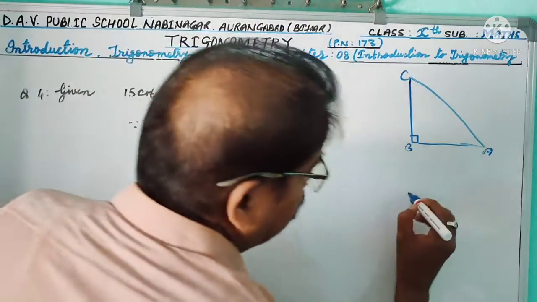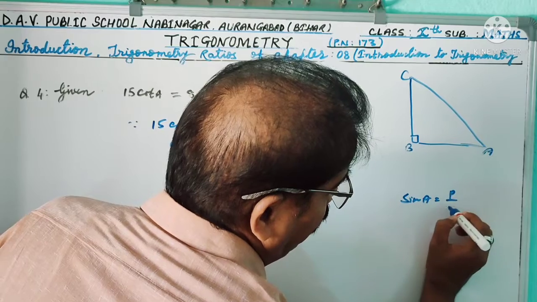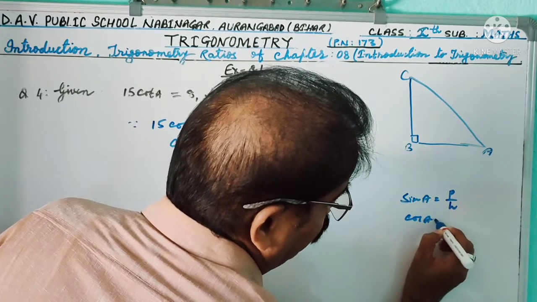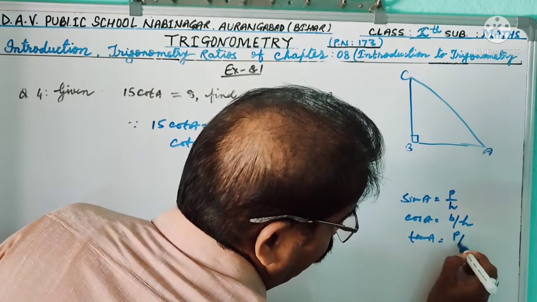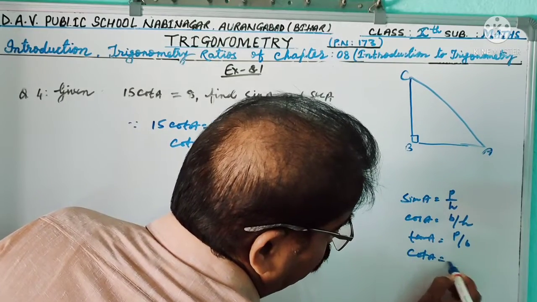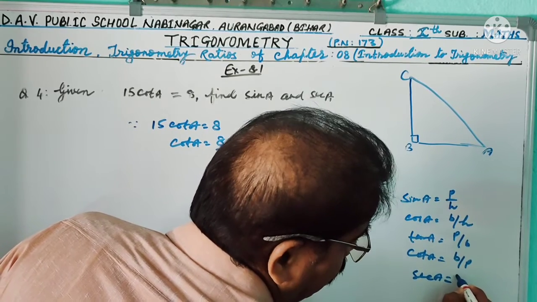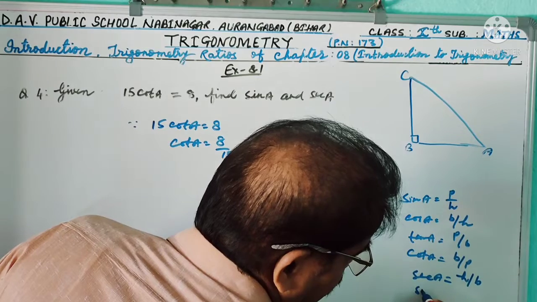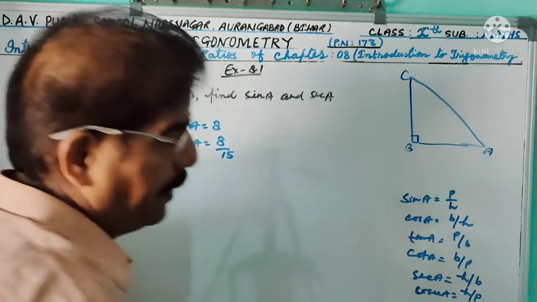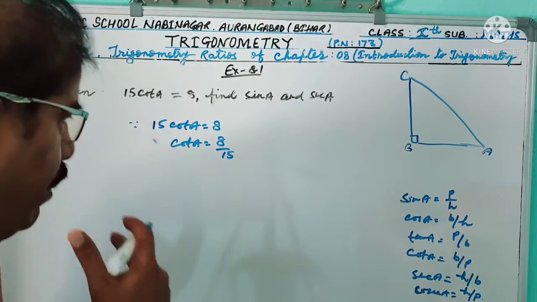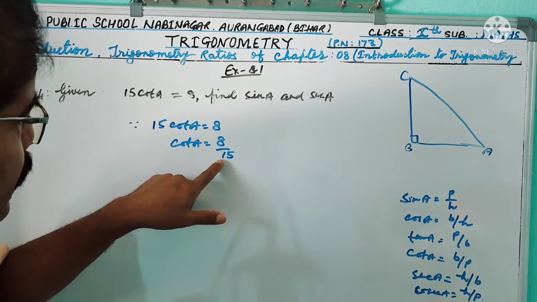We know that for angle A, sin A equal to P by H, cos A equal to B by H, tan A equal to P by B, cot A equal to B by P, and sec A equal to H by B, and cosec equal to H by P. Here 15 cot A equal to 8, so cot A equal to 8 by 15.